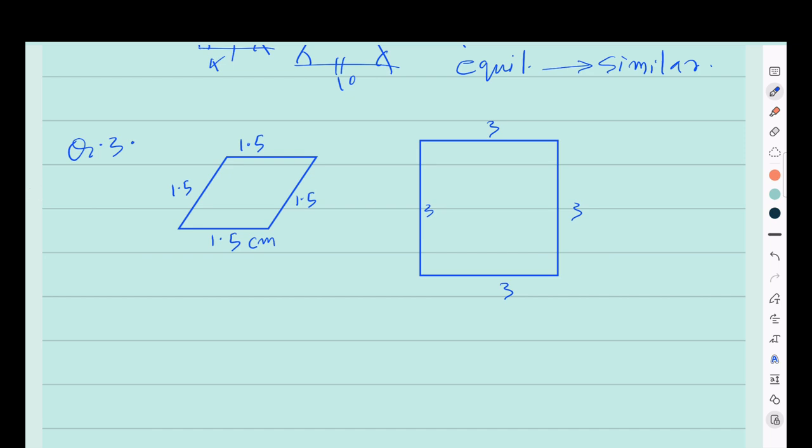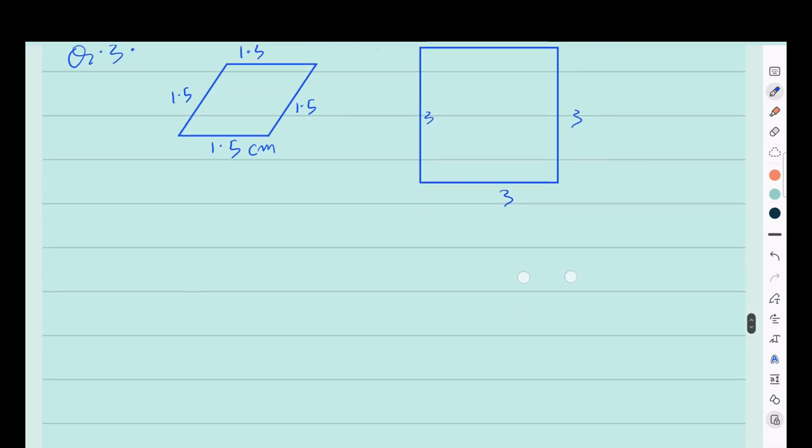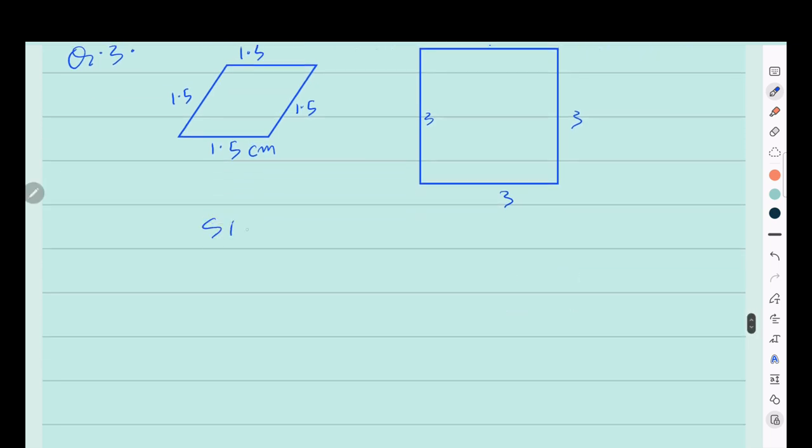One thing we can see: for similarity, what was the condition? All angles should be the same, all corresponding angles. But here we see that all angles are 90 degrees, while here not even one angle is 90 degrees, so nothing is matching.